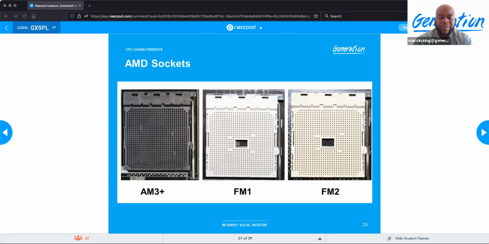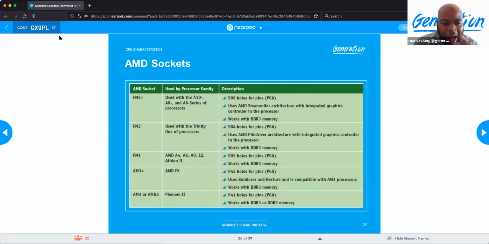You just said it. The more pins, the more connections of that CPU to that motherboard allows for more processing possibility. If Kelly goes back to that slide right before, you'll see the bottom ones have more holes.